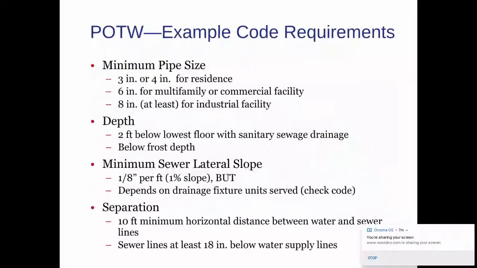And in order for the solids to be carried away, what they found is that at a minimum, you need 1/8 of an inch per foot, which is equivalent to about 1% slope. If you don't get that, then the solids will be left behind. Those fluids will flow away, and then you get it backing up.